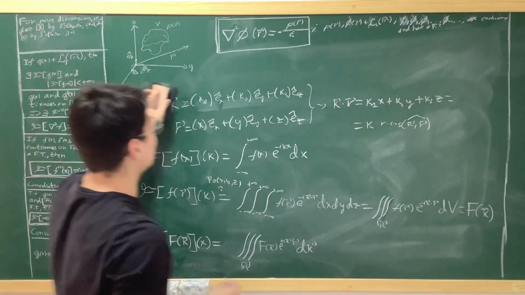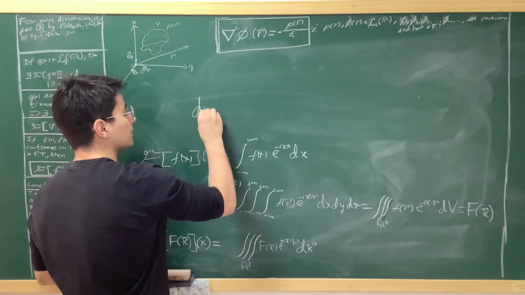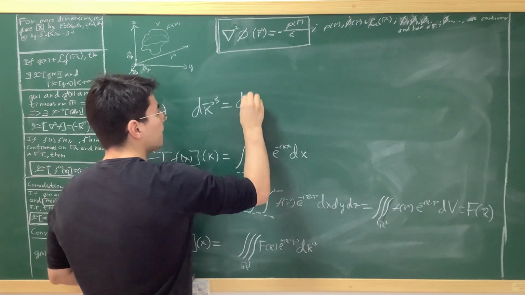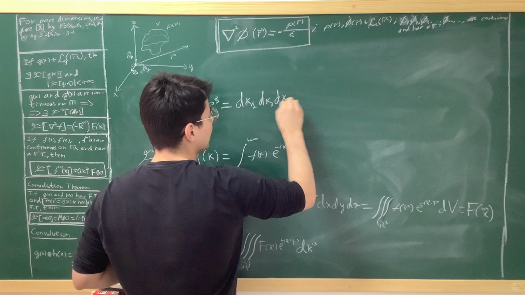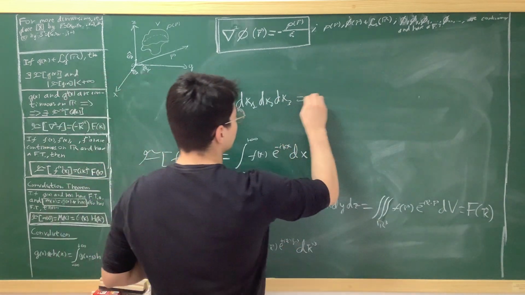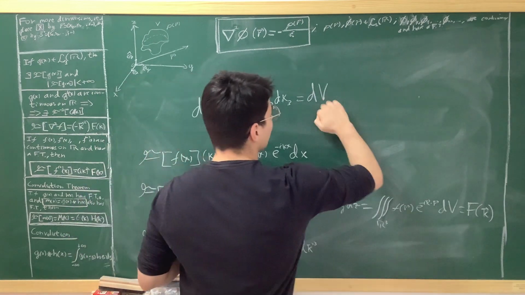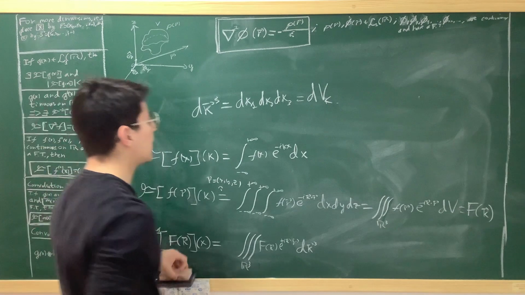And this doesn't mean that it is a vector differential. It's just the notation for dk1, dk2, and dk3 in Cartesian coordinates, or really just the volume differential, but as seen on the k coordinate axis. We're going to get into that afterwards.